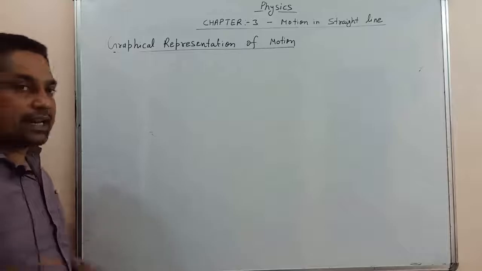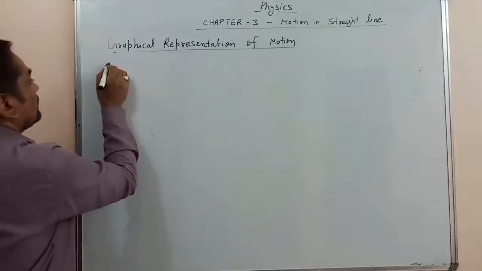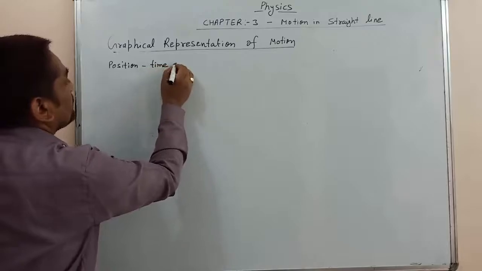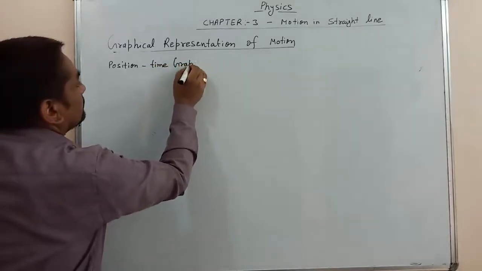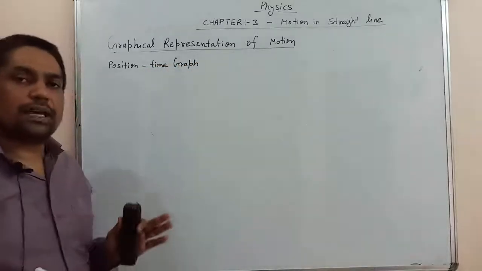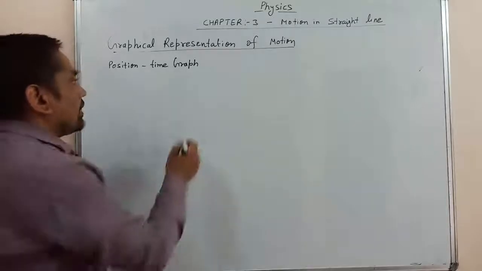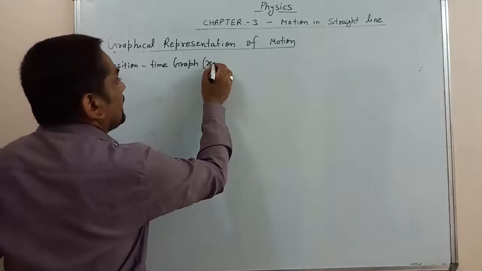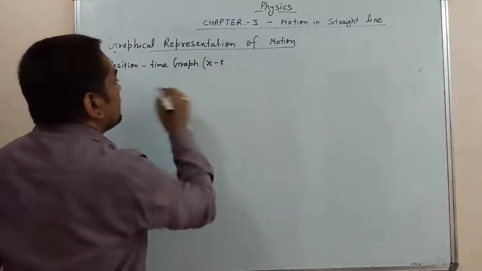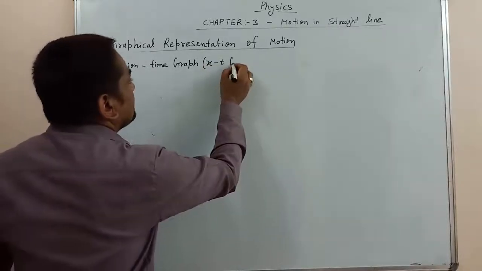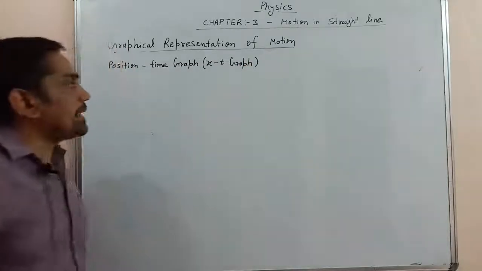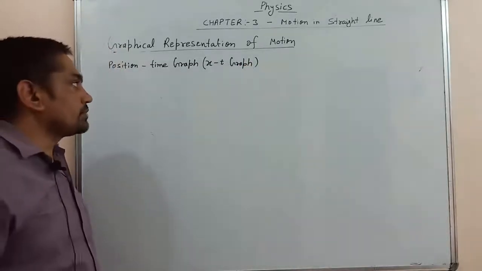First, the position time graph. Position time graph or displacement time graph, because we represent displacement by x and time by t, it is also called the xt graph. The other name of the position time graph is the xt graph.